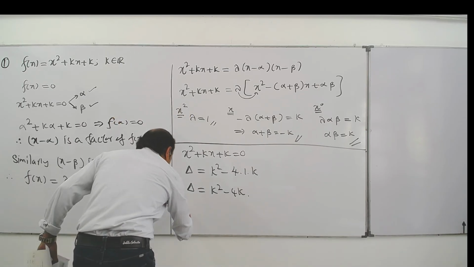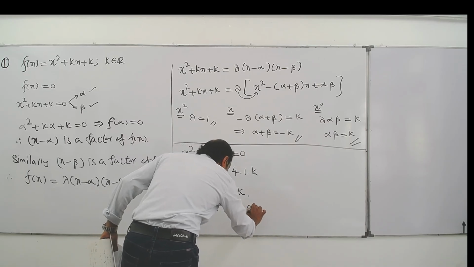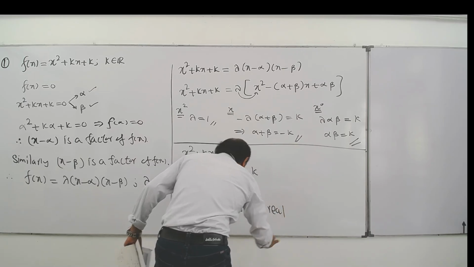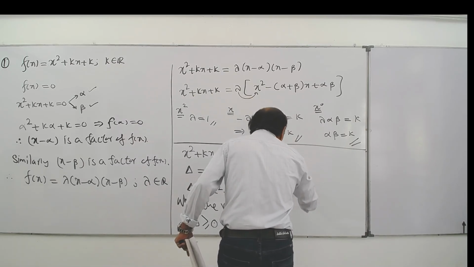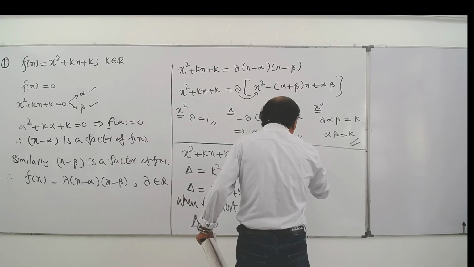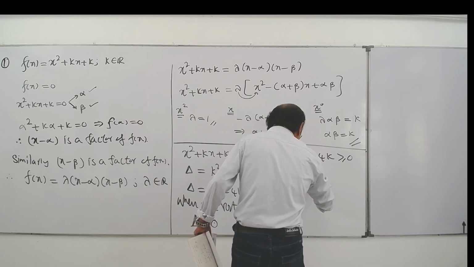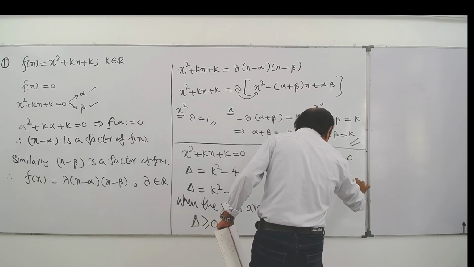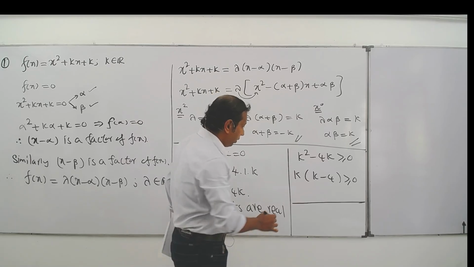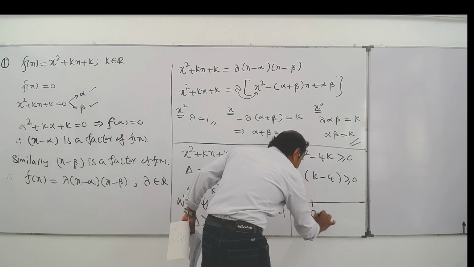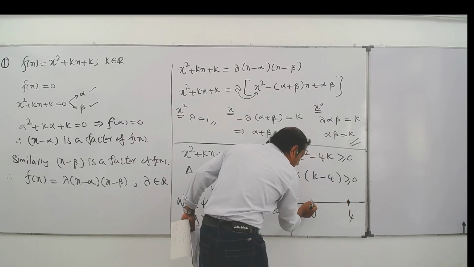So k squared minus 4k is greater than or equal to 0, that is, k times (k minus 4) is greater than or equal to 0. Then I can find the range: here k value 0, here k value 4. Since we have an equal sign, we have to select both 0 and 4.